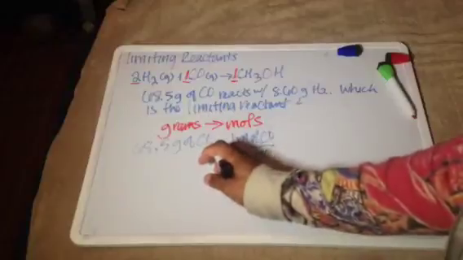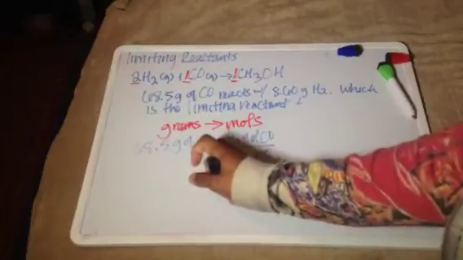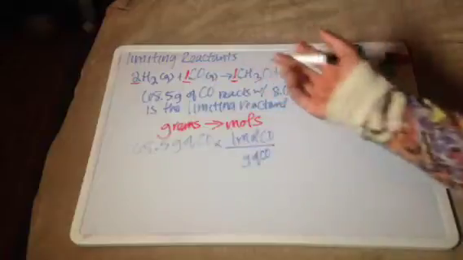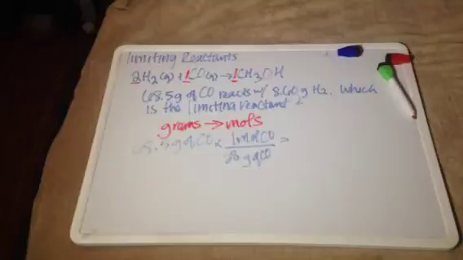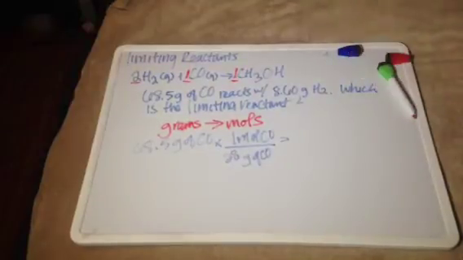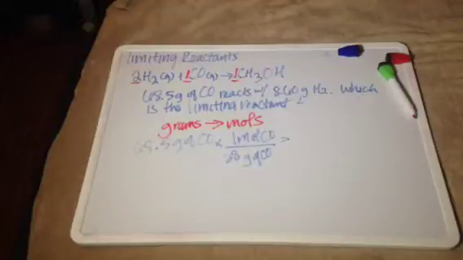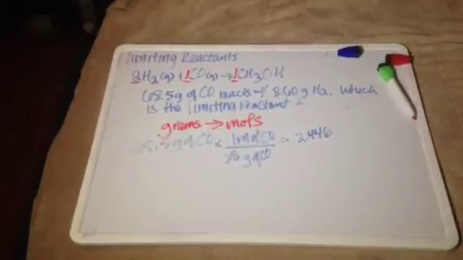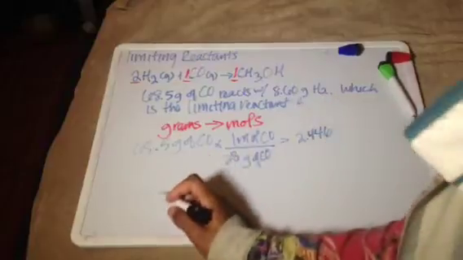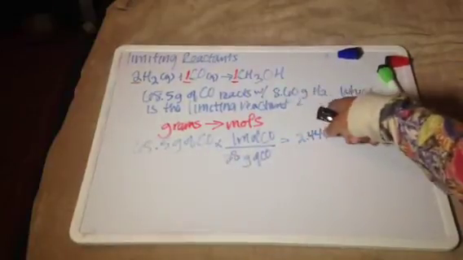And we know that oxygen is around 16, carbon's weight is around 12. We add the two together and we get 28. And let's do the math on that. And we get 2.446.